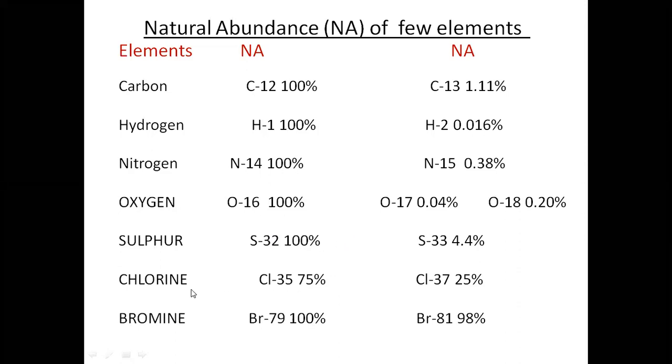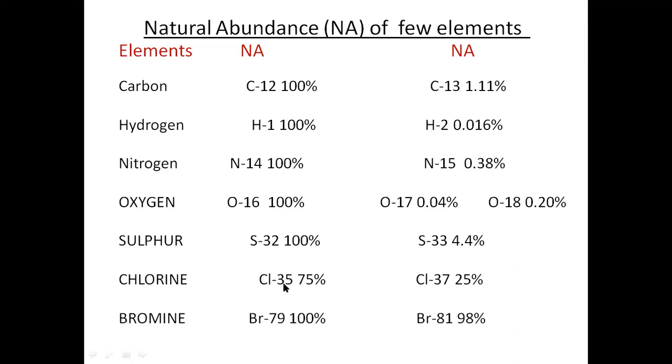If you go for chlorine, you will find that the lighter isotope Cl35 is 75%, and Cl37 is 25%.